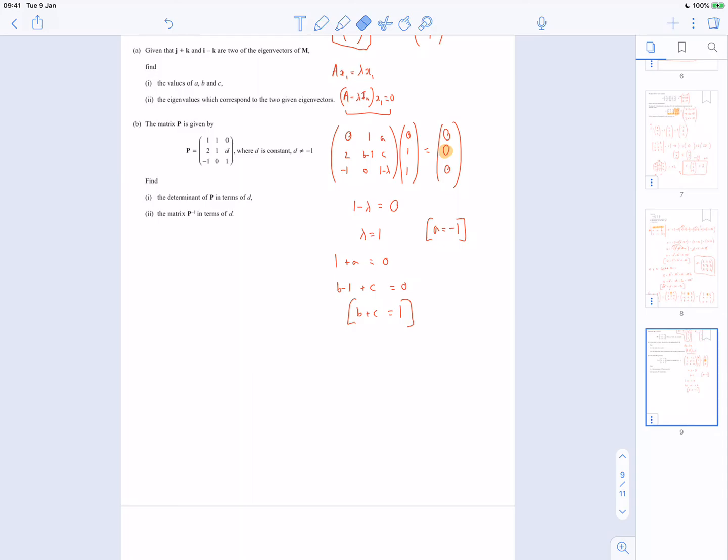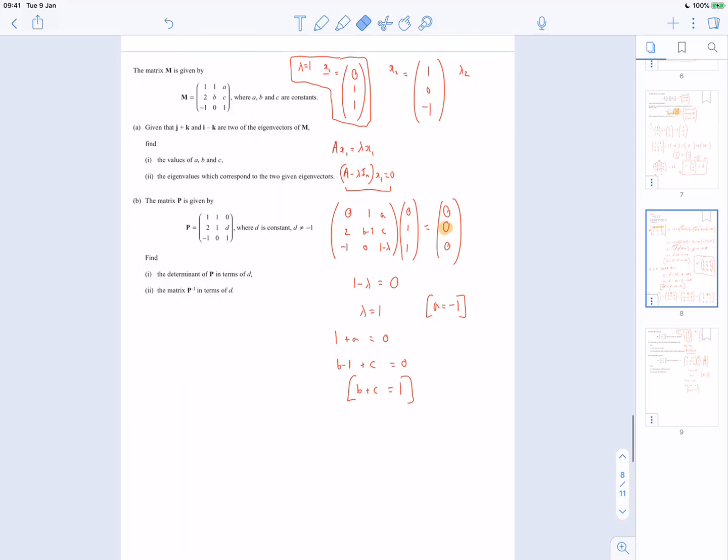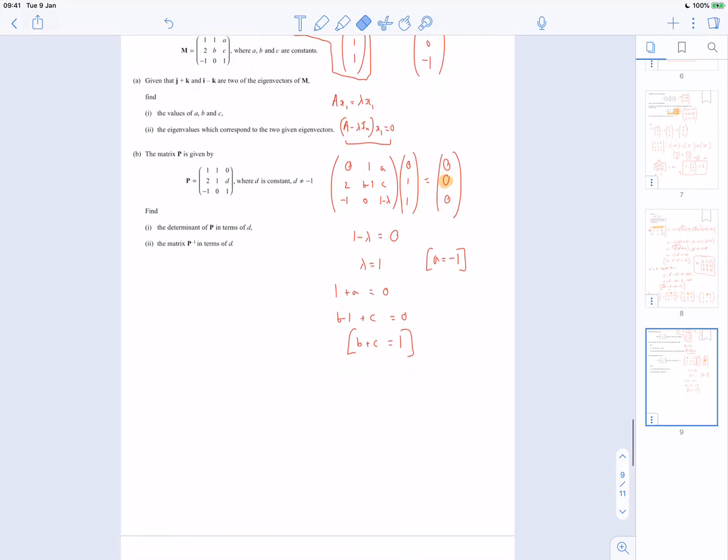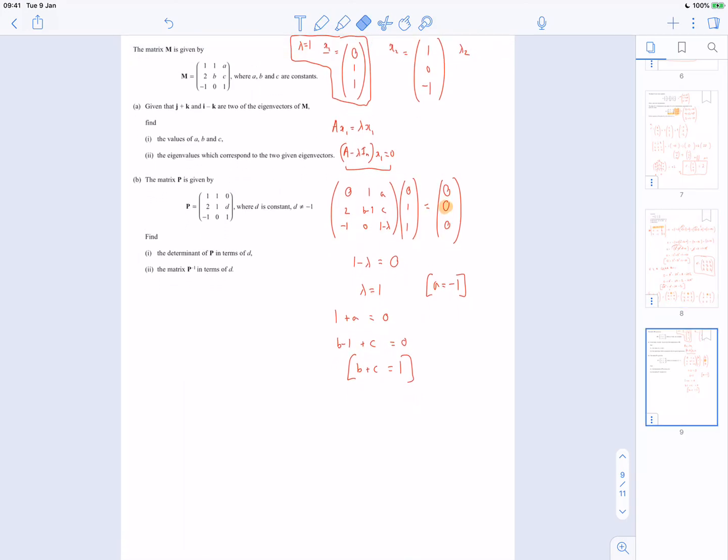So if I do my 1 minus lambda 1, a, which I now know is minus 1, and then 2, b minus lambda, c, minus 1, 0, 1, and then times that new eigenvector, which is 1, 0, minus 1, that must also equal 0, 0, 0.